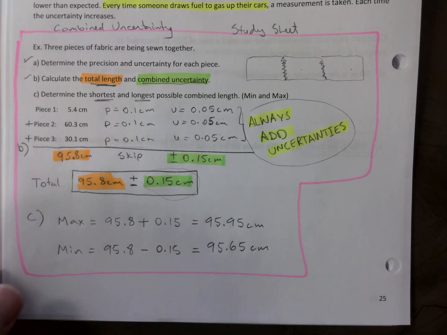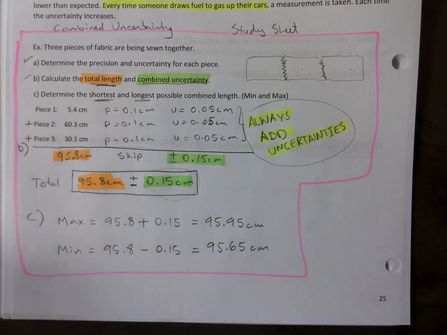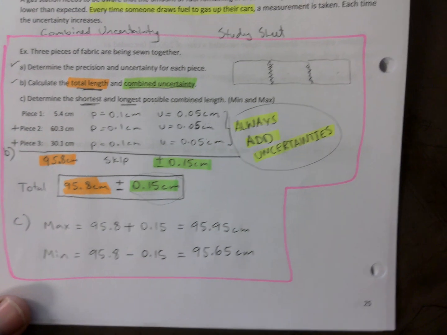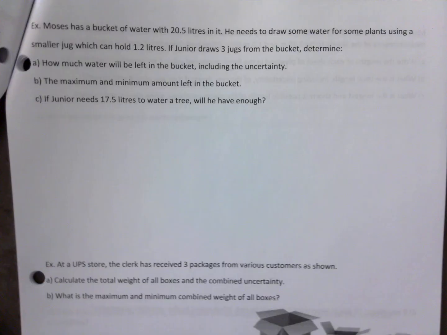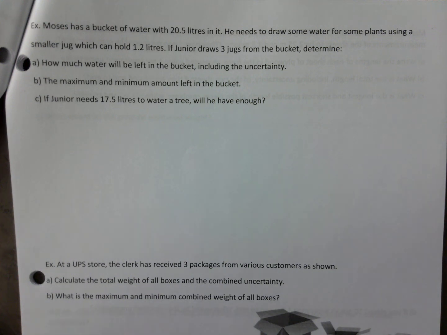So let's do another one. On page 26, this is a subtracting example. Let's keep going, and then I'll let you do a little bit of work if time allows. Okay.